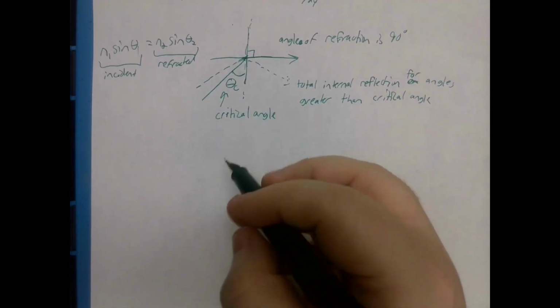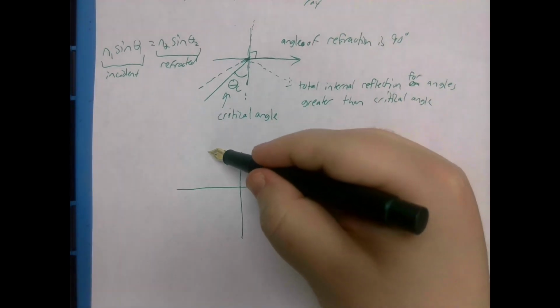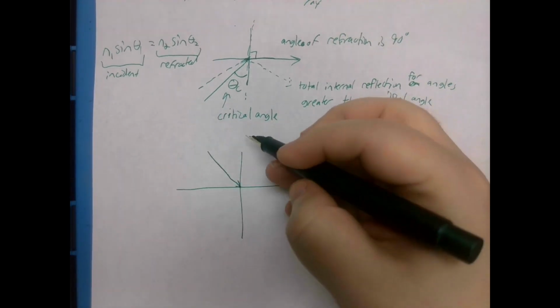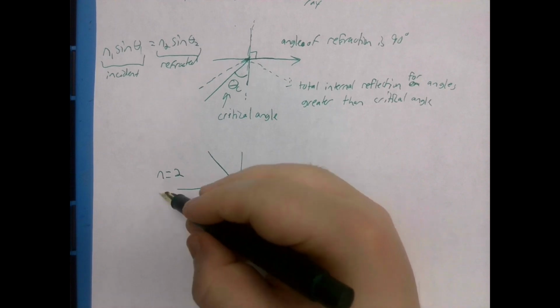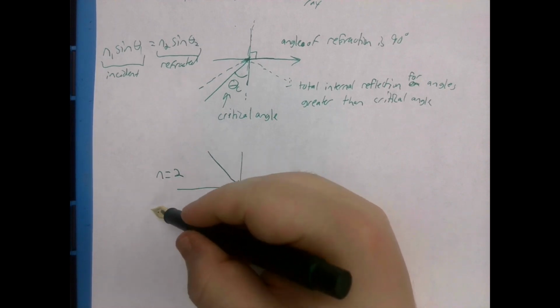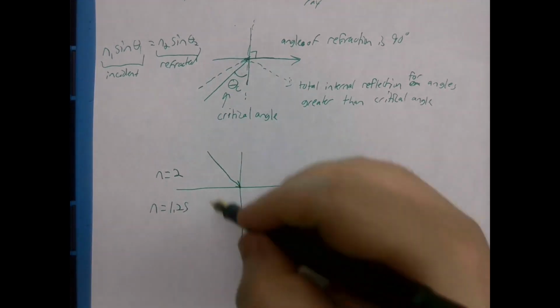So, let's do an example. Suppose I have, let's say that the n is equal to 2 here, and n equals 1.25.